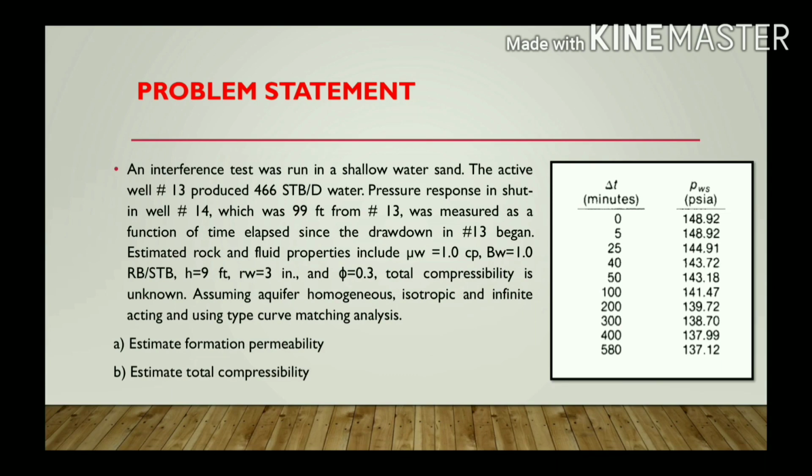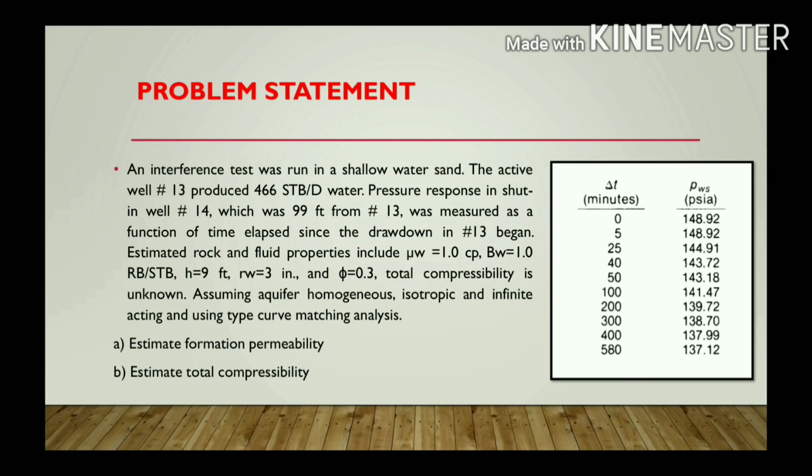So here you find a problem statement. In the problem statement, there is data given like fluid properties, viscosity μ, formation volume factor B, reservoir thickness h, value of radius of well, and the porosity.